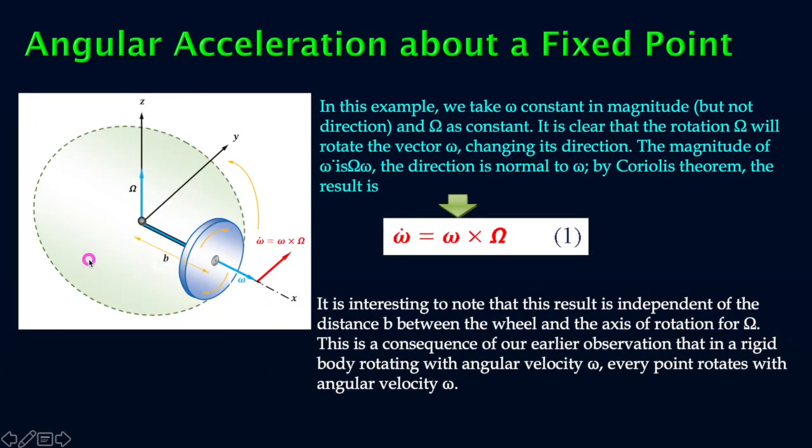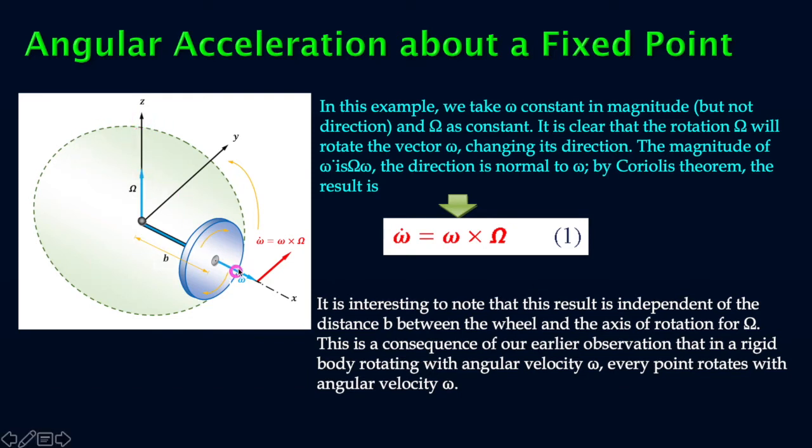Let us consider an example like this disk which is rotating about its axis with an angular velocity small omega, and the entire disk is rotating about another axis z. It's to some extent like the precession that we have discussed in kinematics of rigid body.